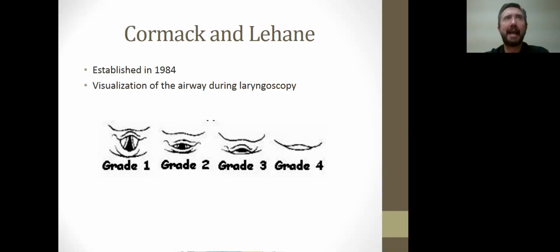Grade 2 is the arytenoid cartilages, as we see there, or in other words, the posterior glottic opening. And then looking at grade 3 is the epiglottis only, and then grade 4 is only the tongue. So we must be experts in optimizing limited glottic views and utilizing additional techniques to help carry out our intubation.